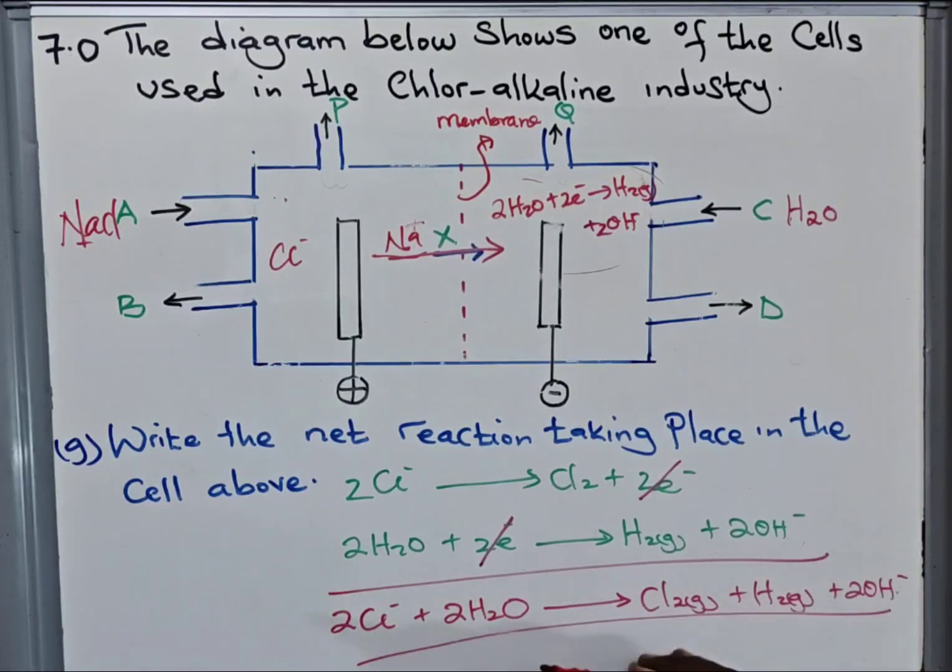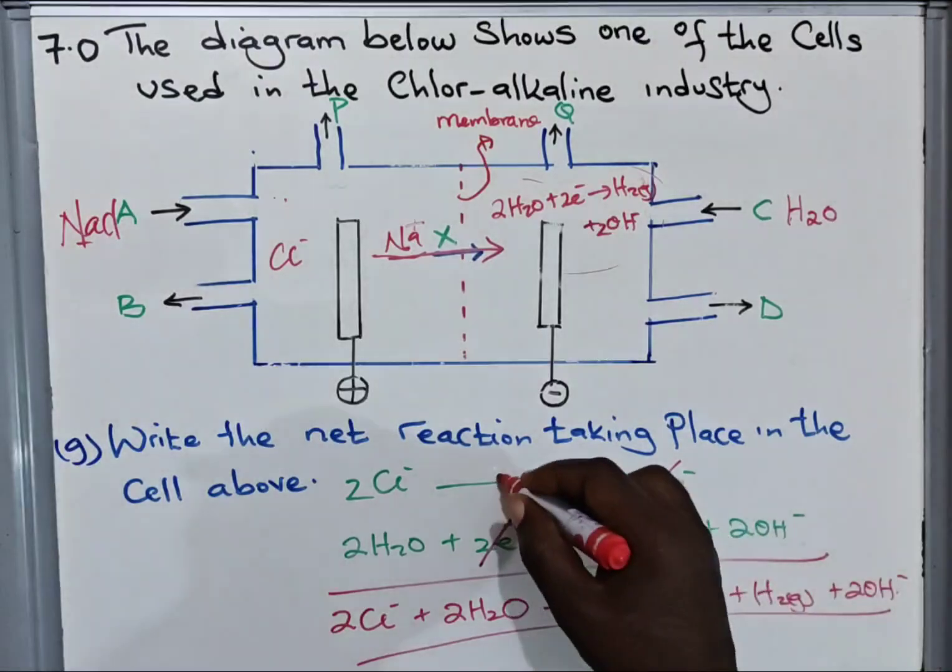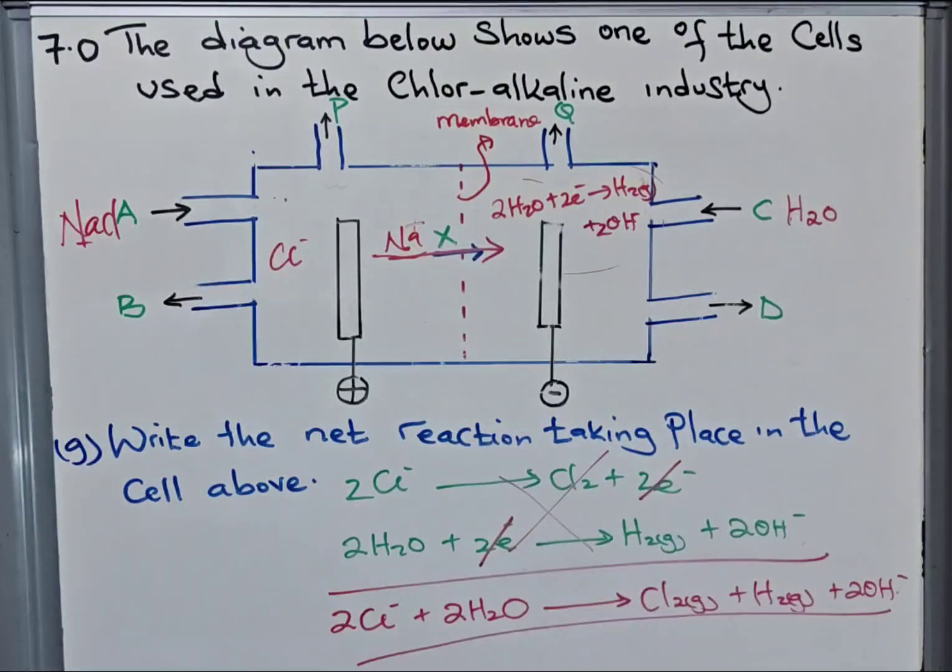So what you have here is the net reaction. And we advise that after getting the net reaction, you can cross out this one like this, so that it might not be confused with the net.